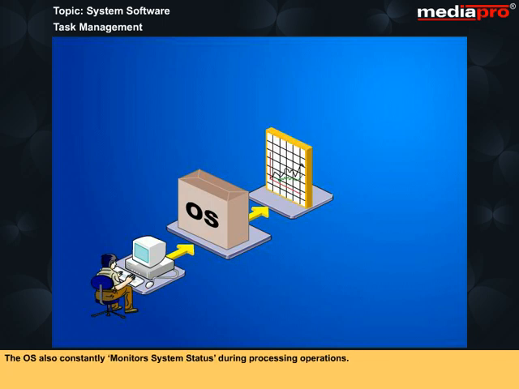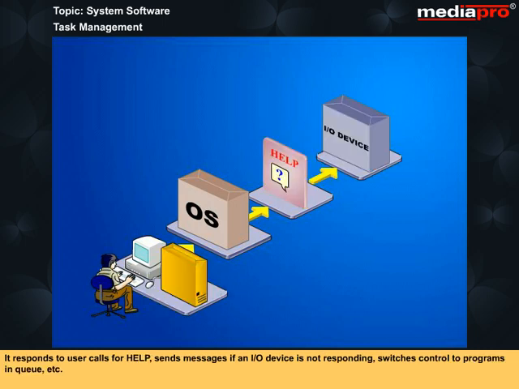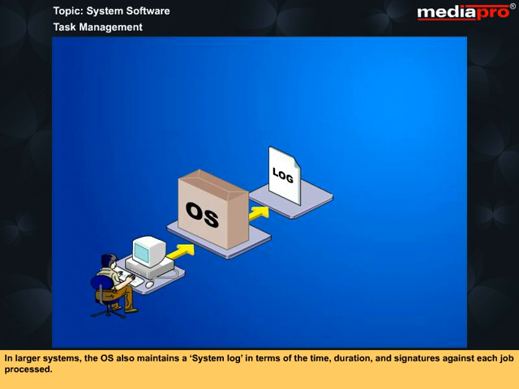The OS also constantly monitors system status during processing operations. It responds to user calls for help, sends messages if an input or output device is not responding, switches control to programs in queue, etc. In larger systems, the OS also maintains a system log in terms of the time, duration, and signatures against each job process.